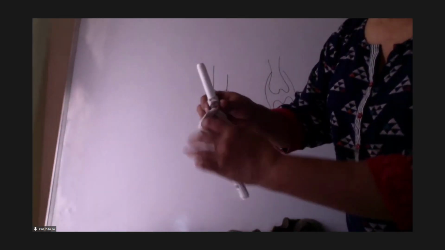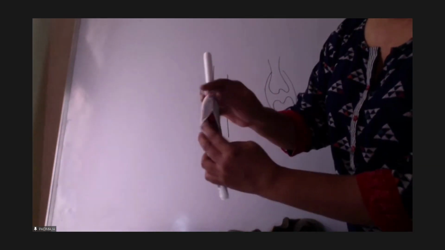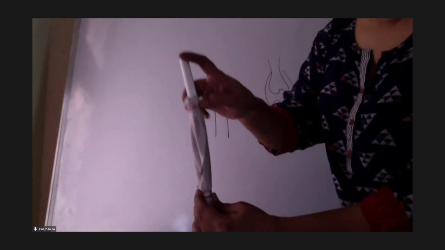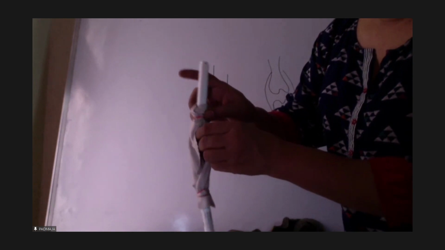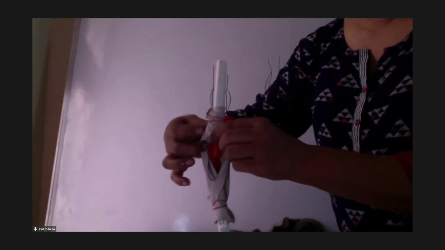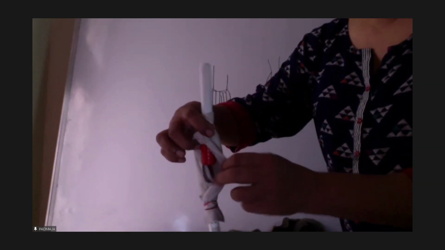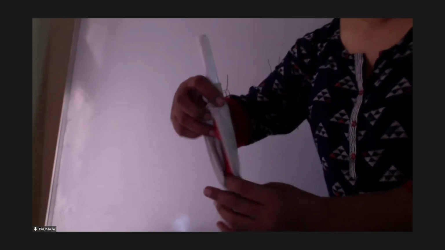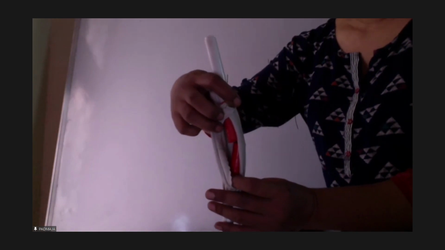So to understand the internal structure, you are opening and checking inside. Suppose these two are bones inside. Like this, you are checking how it looks inside. Got it?